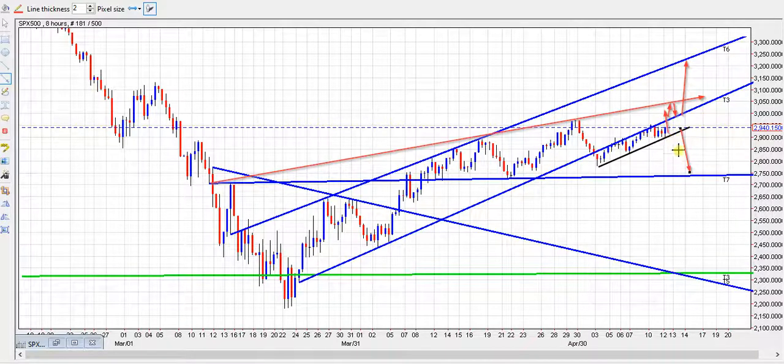The break on the lower side would be a swift move. So the ideal scenario right now is to wait for a break under 2900 and then go in short. Otherwise, the danger looms for it to close on the higher side and then continue higher. So that's the sketch that I had for the S&P.